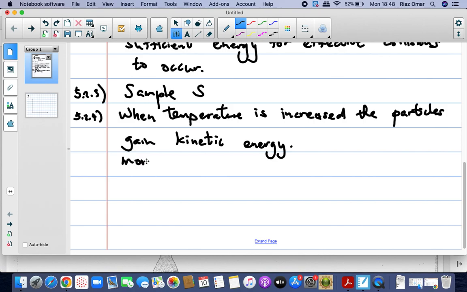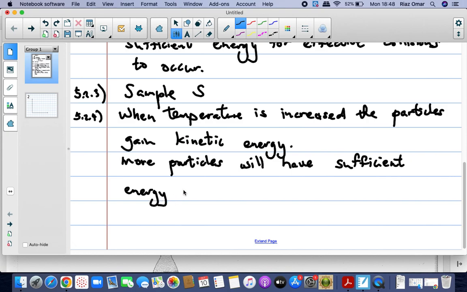Therefore more particles will have sufficient energy for effective collisions to occur.